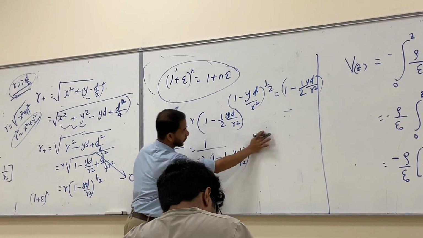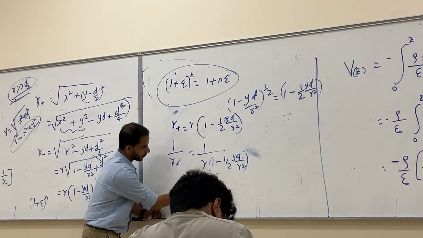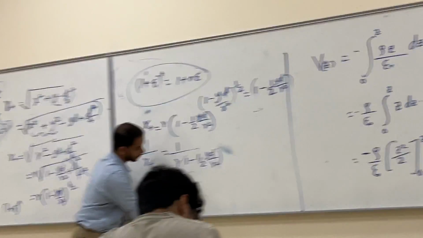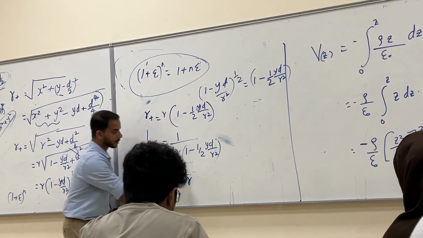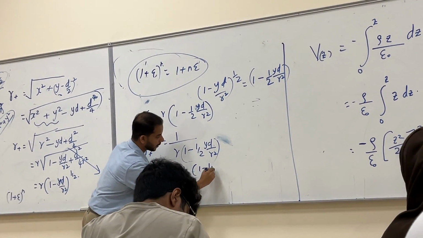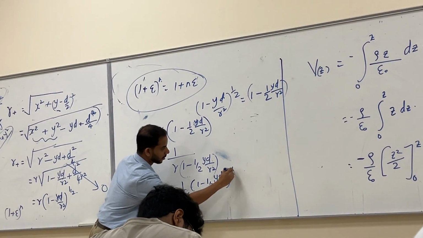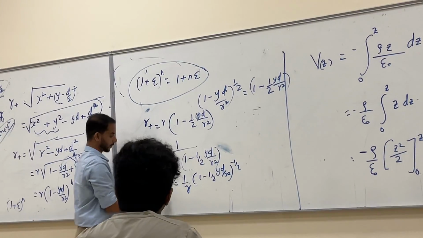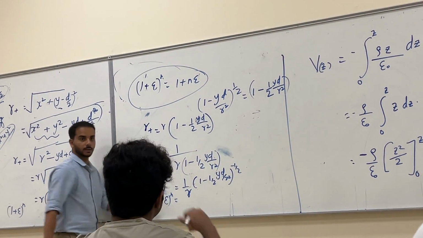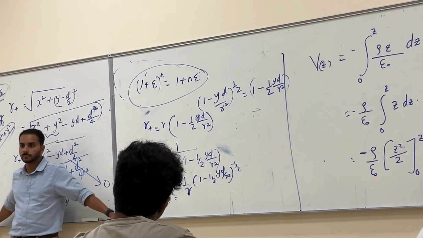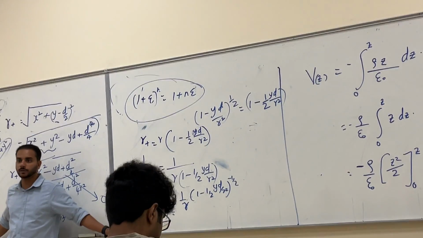Sorry, no square root. So this is it. Next, you take this 1 over r outside, so that will be 1 minus half yd over r square to the minus power. Now you expand this by using 1 over 1 plus epsilon power n, and you solve. So 2 times you have to do the binomial expansion.